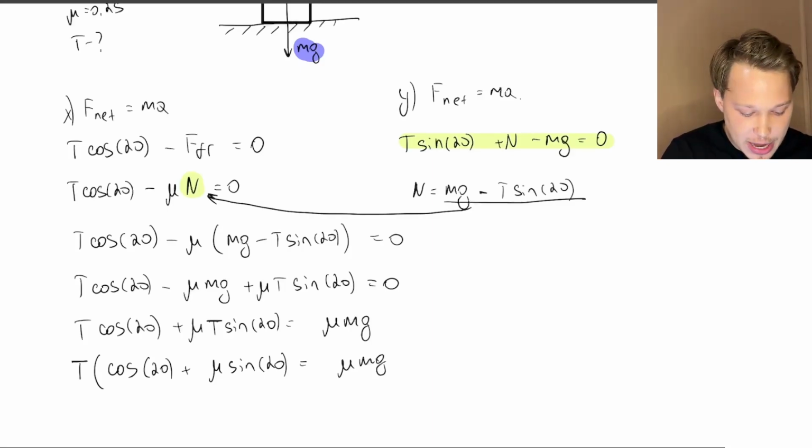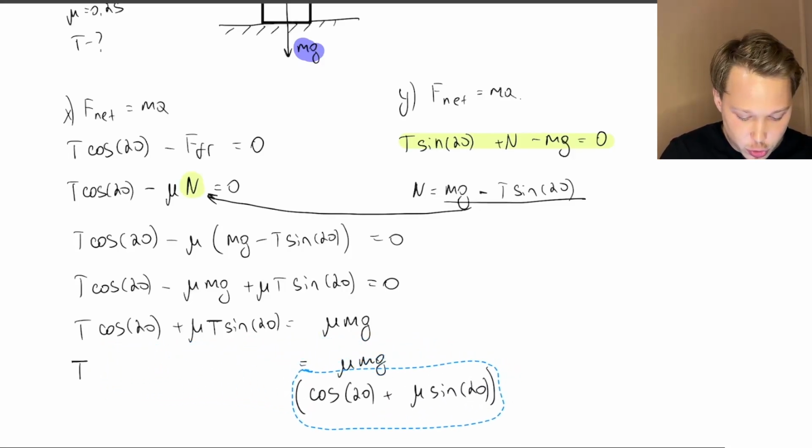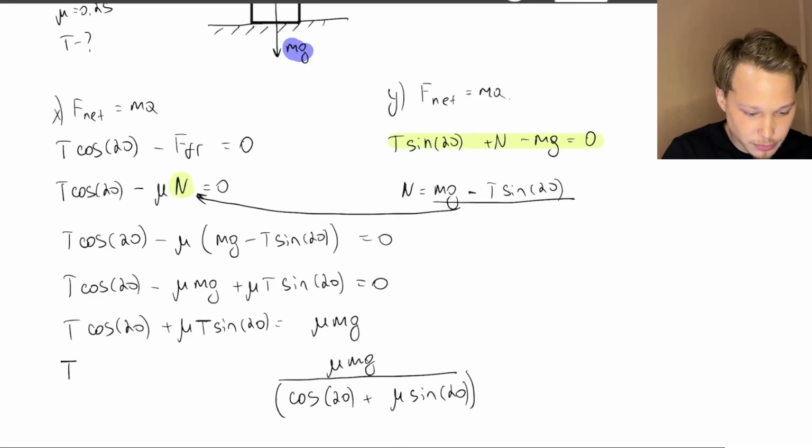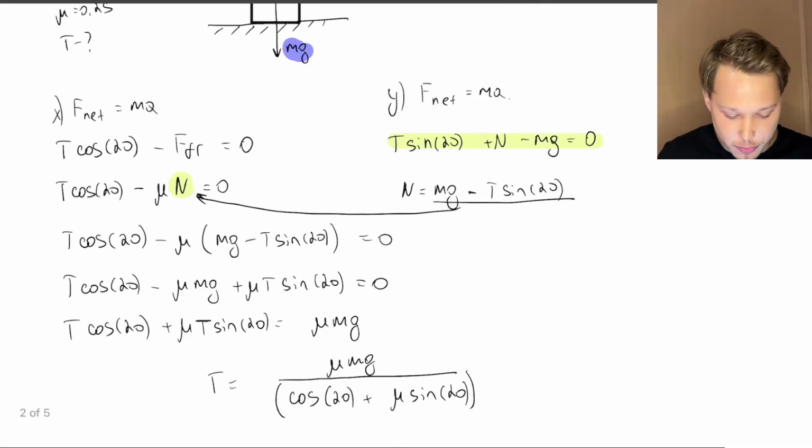And then I will divide both sides by this parenthesis right here, right? So I will just take this parenthesis and divide by it on both sides in order to rearrange for the tension. So all that is left is just plug in all of my numbers over here.